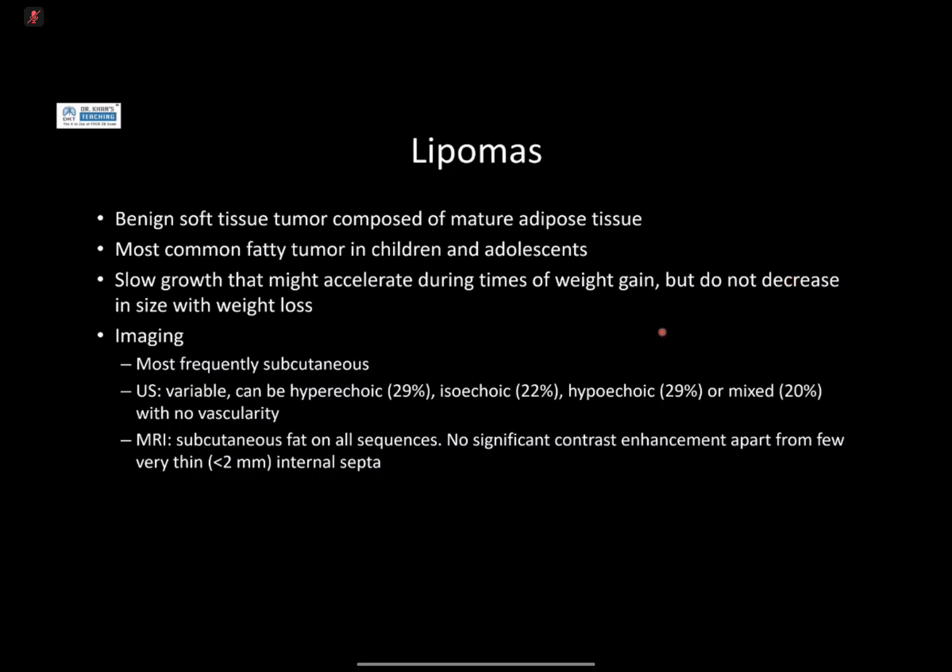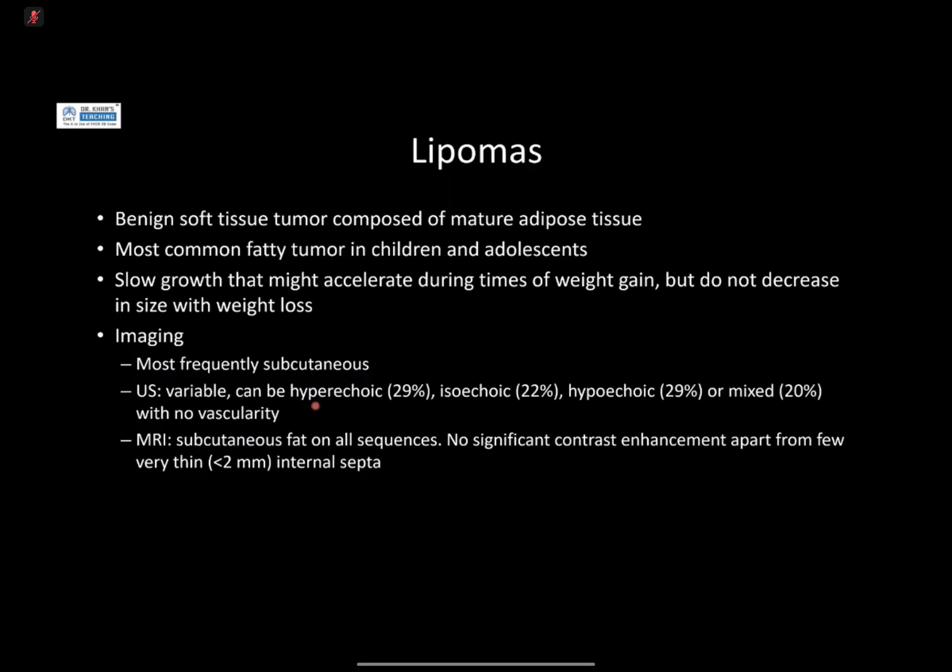But like you say, I see where you're coming from. Of course, in doubt, you refer it to the surgeons to take it out, or you keep an eye on it or monitor it. But malignant change of lipomas into liposarcomas in children is not common. It's uncommon. Ultrasound is very variable.